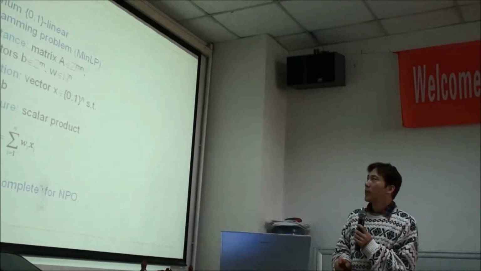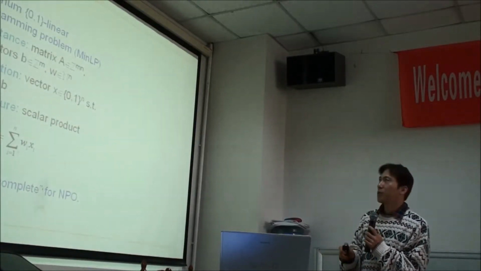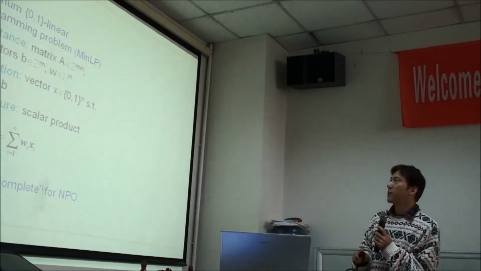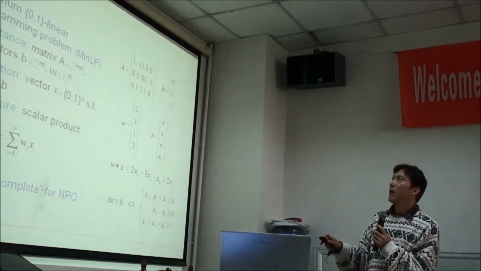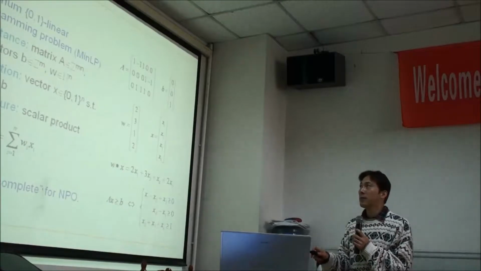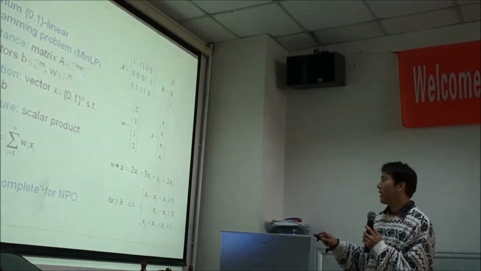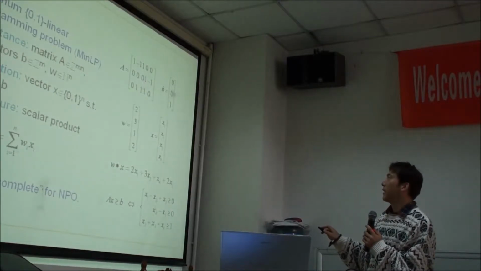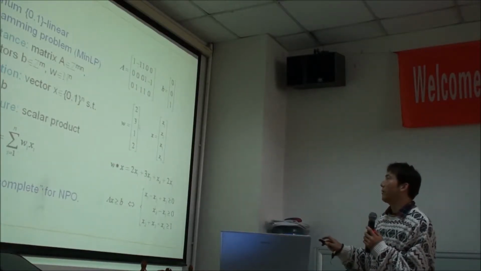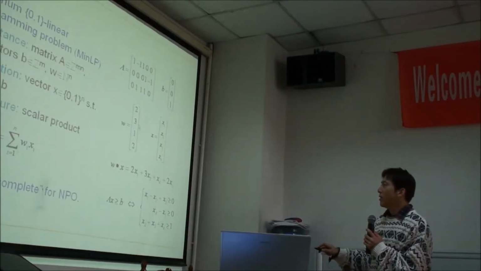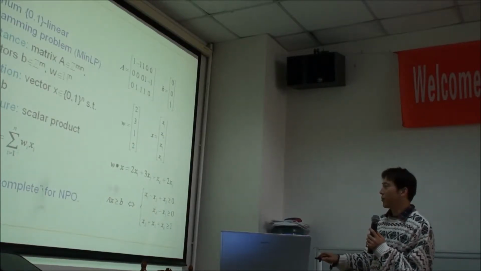So let's take a very short tour of those problems. The first one is the minimal 0-1 linear programming problem. This is very simple. Now we have a matrix like this one here, and we have another two vectors. And we'll find a vector x that satisfies this constraint.